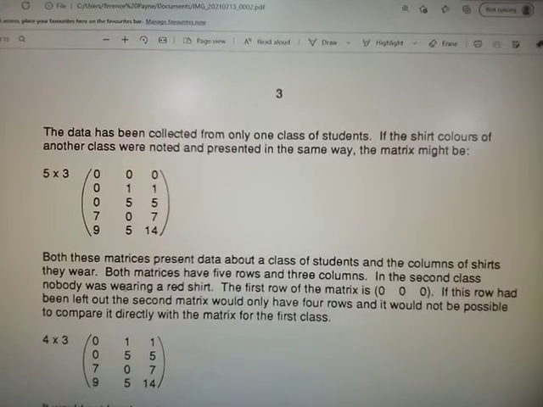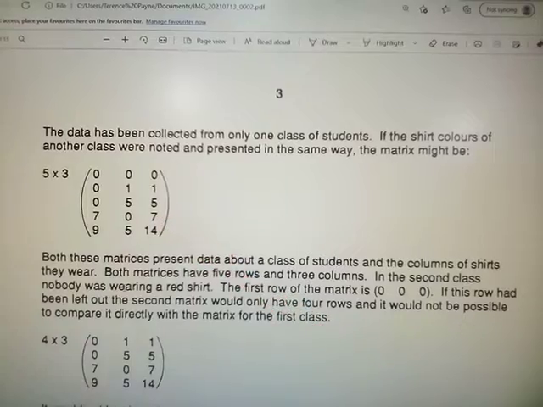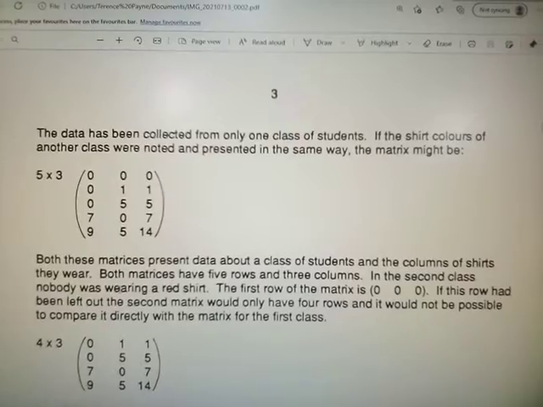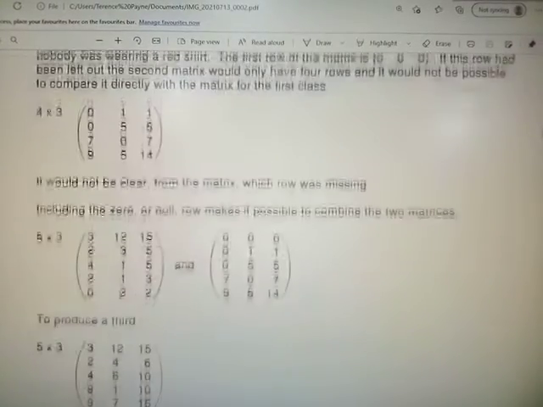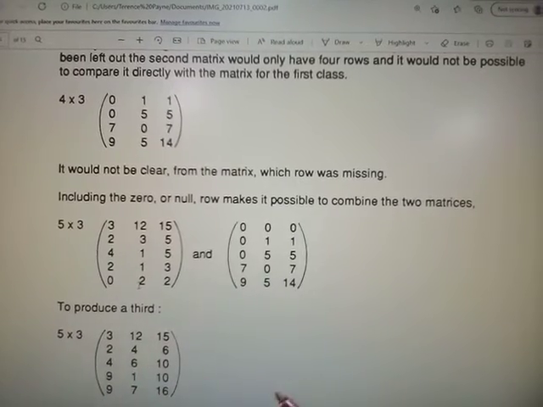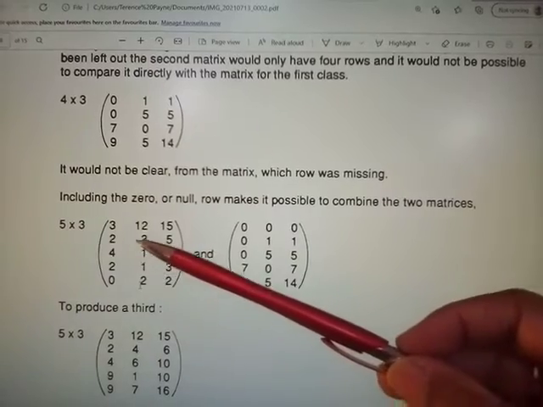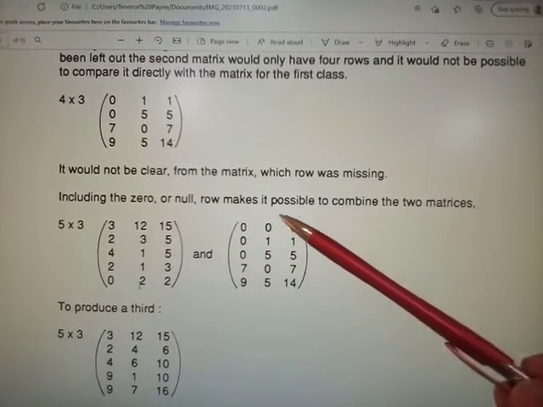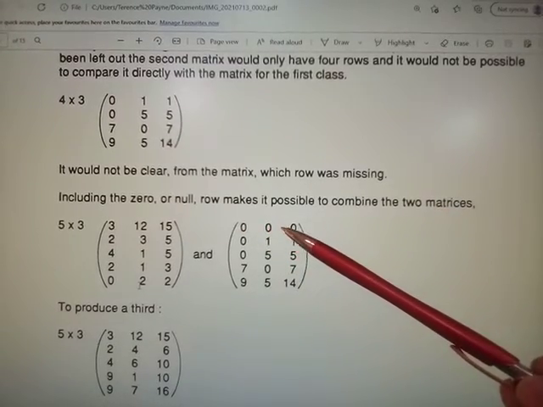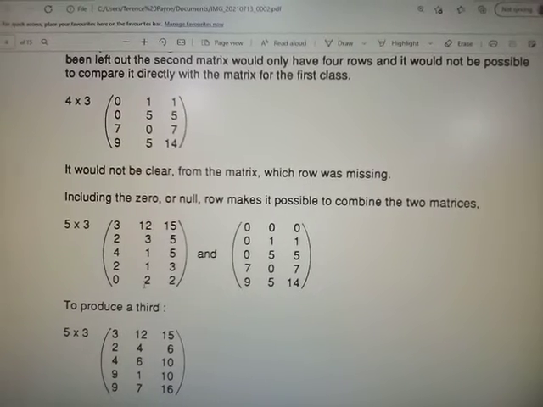So you cannot compare a 5-row matrix to a 4-row matrix. It would not be clear from the matrix which row was missing. Including the 0 or null row makes it possible to combine the 2 matrices. Now remember, where there's zeros, it's a null value, nil, if you want to use that terminology, okay?